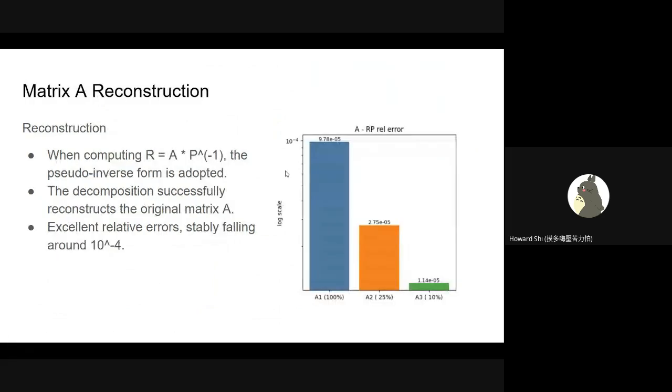Okay, next page. For the calculation of R, we specifically adopt the pseudo-inverse form of P. We found that the decomposition successfully reconstructed the original matrix A. The relative errors observed were excellent. Okay, next page.